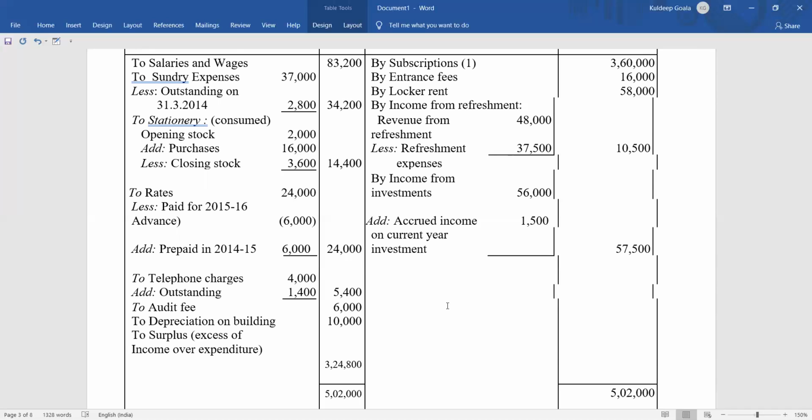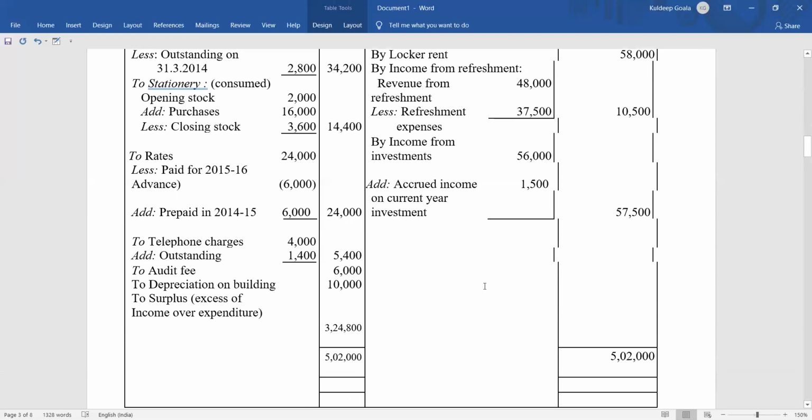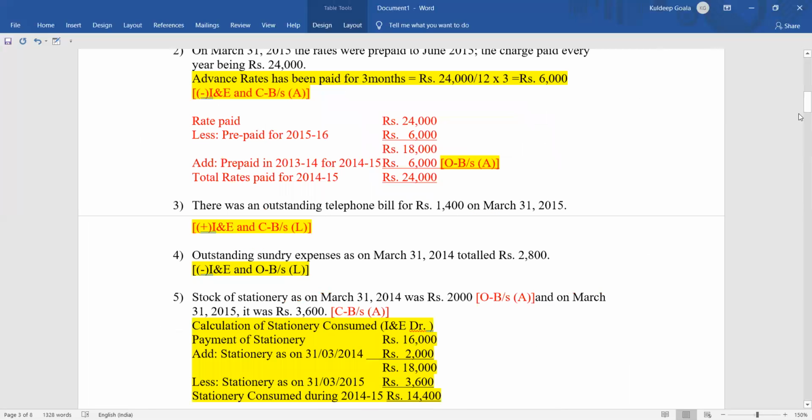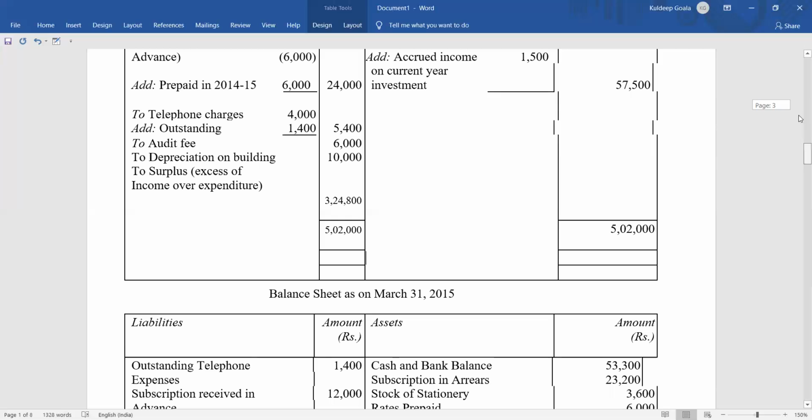The amount of capital the business is having at the beginning of the year. So how will you find out? The assets of the NPO, non-profit organization, minus the external liabilities, we are going to get the capital fund. Using the information we have got from here, we can prepare the opening balance sheet.